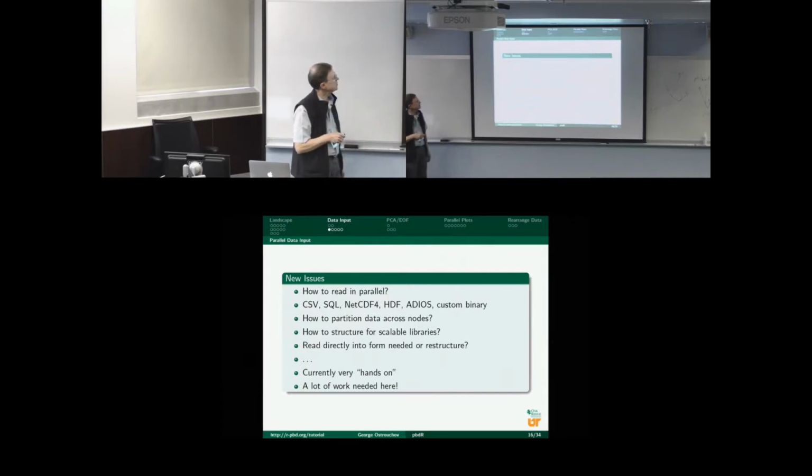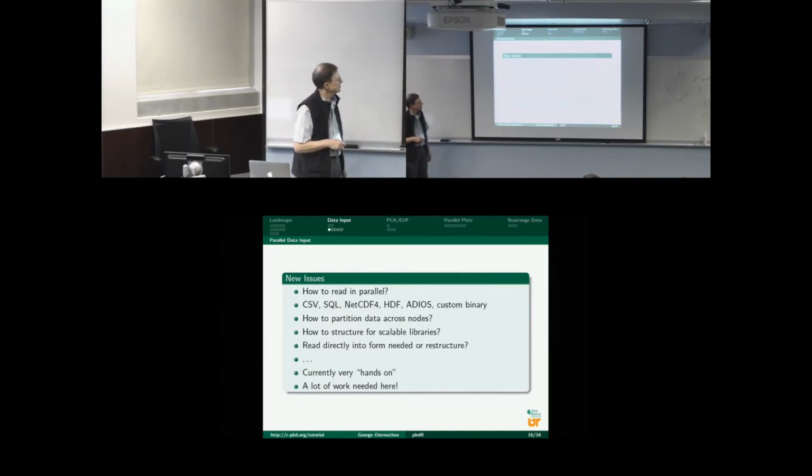So some of the issues that come up is first how to partition the data across the nodes, and another question is how to structure it for scalable libraries. Scalable libraries like to have their data in a very particular way. And so another question that comes up is whether you want to read it directly into that format or read it in some easier way and then restructure.